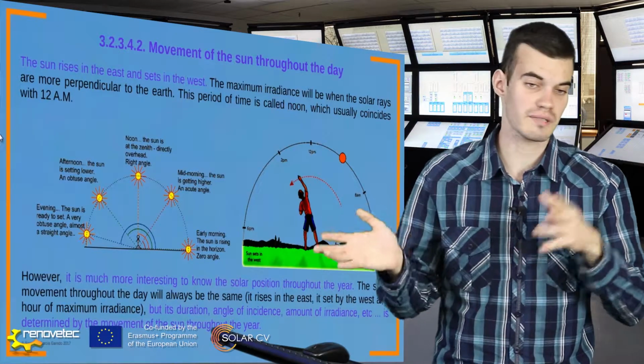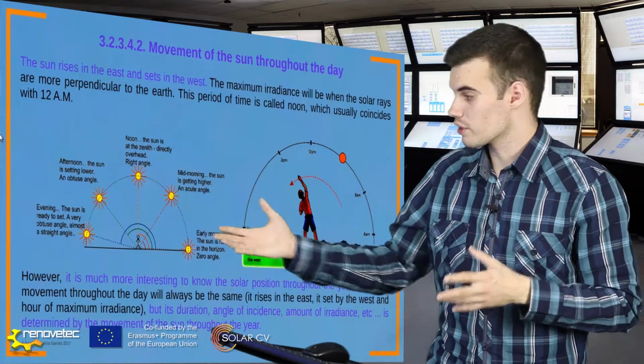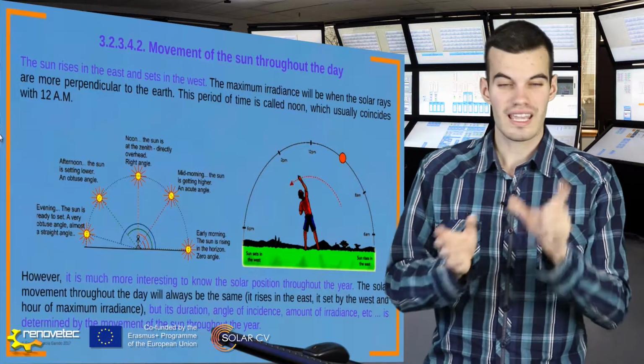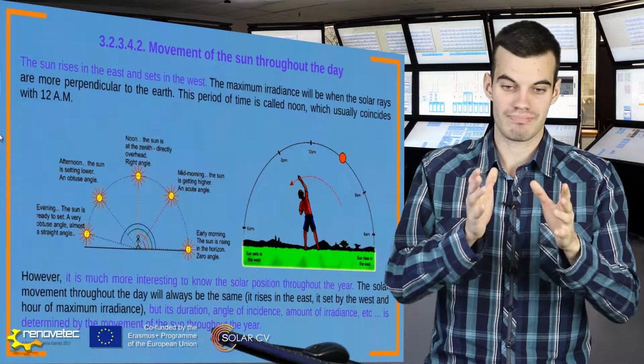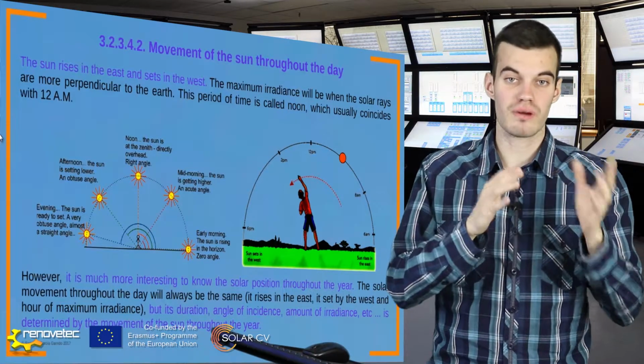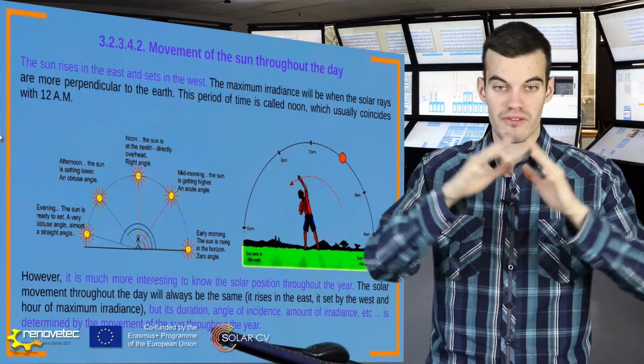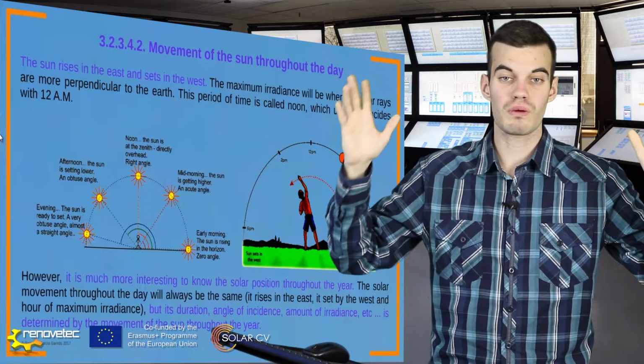However, it is much more interesting to know the solar position throughout the day instead of knowing the sun position at noon. That is, we must define the movement of the sun throughout the year.